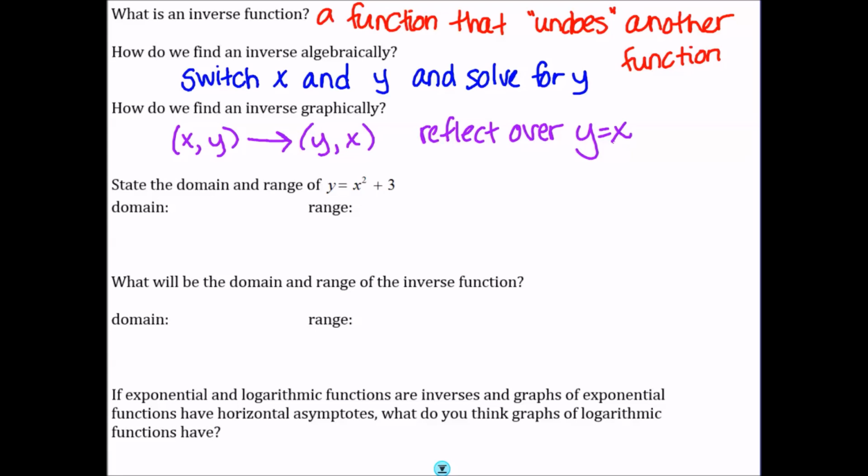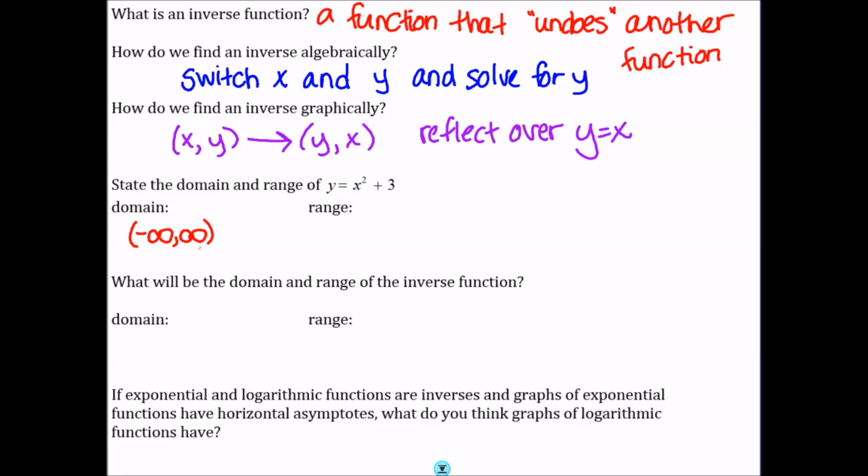So we're going to go back and continue to review what we did with inverses in the first quarter. We have a quadratic here. If we look at the domain and range of this quadratic, we know that all quadratics have a domain of all real numbers, or negative infinity to infinity.